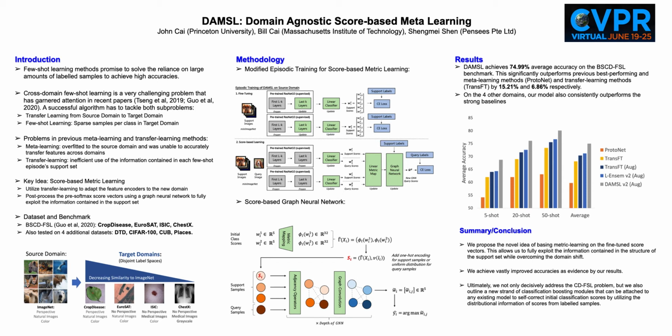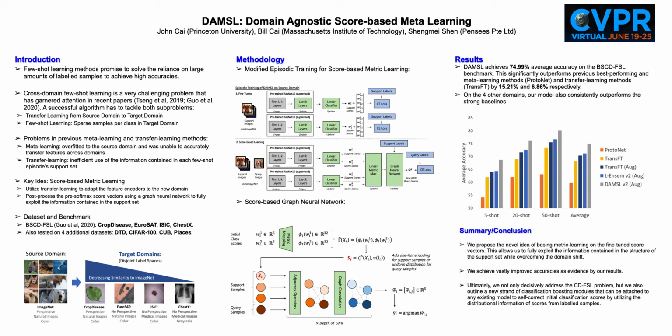And then in the second step, we take these initial score predictions, what the model initially predicts, for instance, whether this sample is a dog, a cat, or a horse. These scores are then post-processed for each of these 25 support samples and a query sample, and then they are compared against each other.